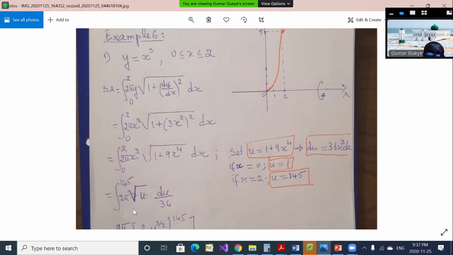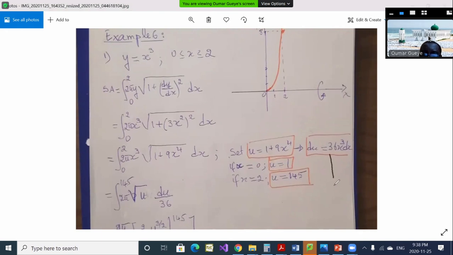So now my integral is going to be from 1 to 145. You have to write 1 here. So from 1 to 145, 2 pi, and I replace by root of u. And where is the x cubed here? x cubed dx, from this equation you can see, x cubed dx is equal to du over 36. That's what I got here.